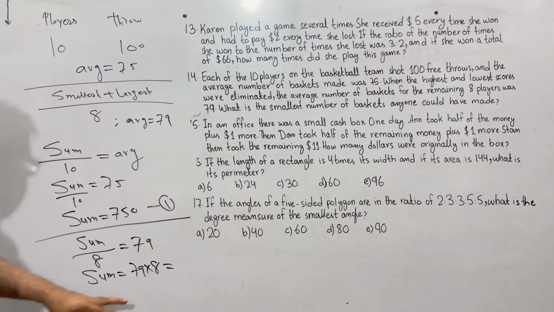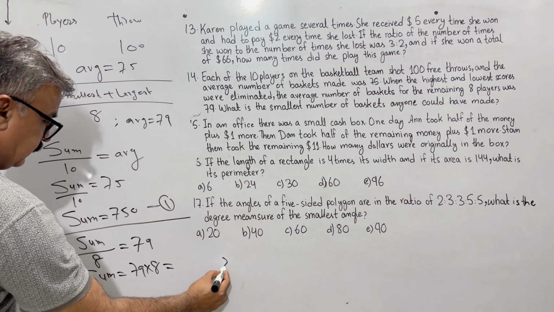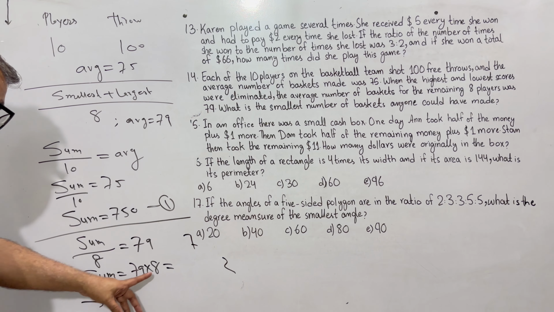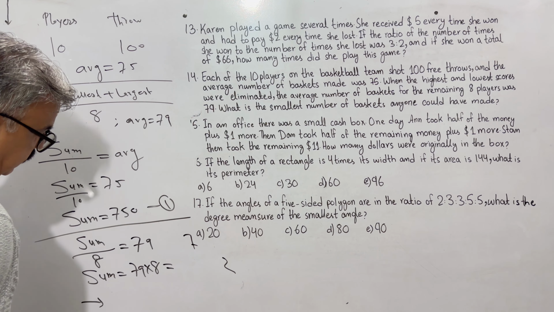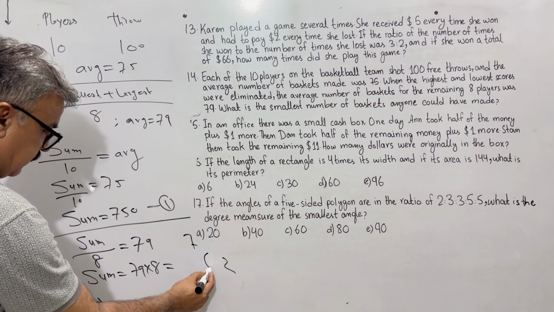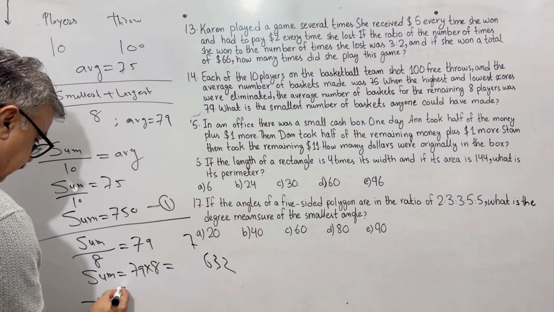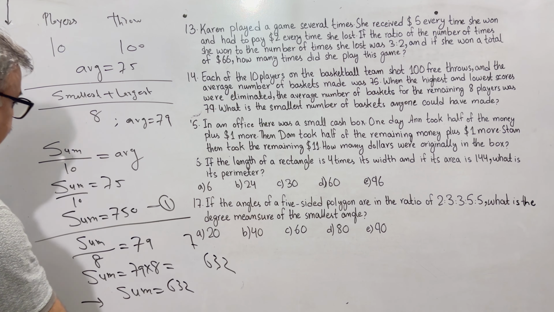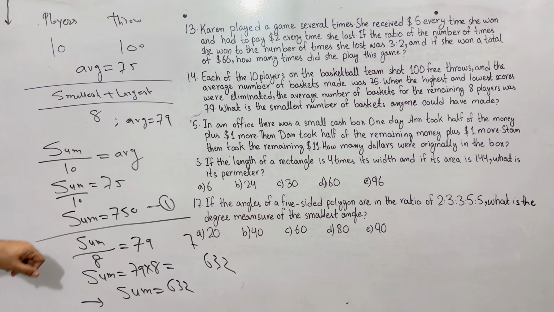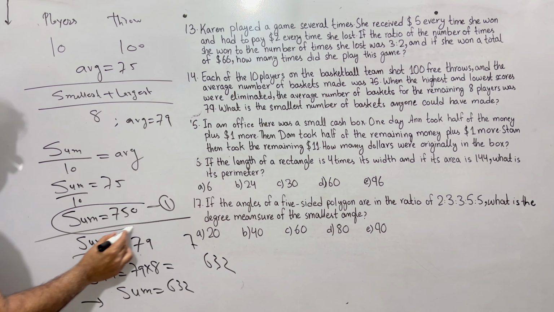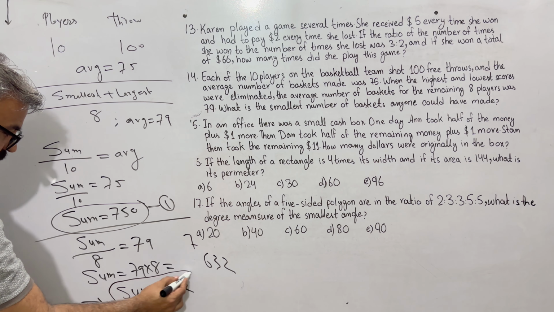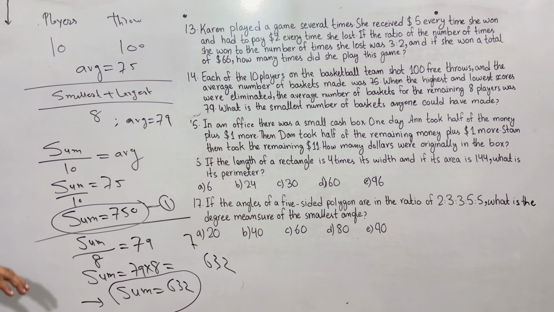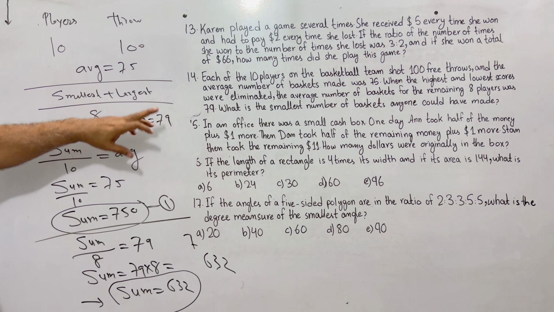Multiplying: 8 times 9 is 72, carry 7, 8 times 7 is 56, plus 7 is 63. It's 632. This is the sum of the scores of the 8 players after eliminating the smallest and the largest.